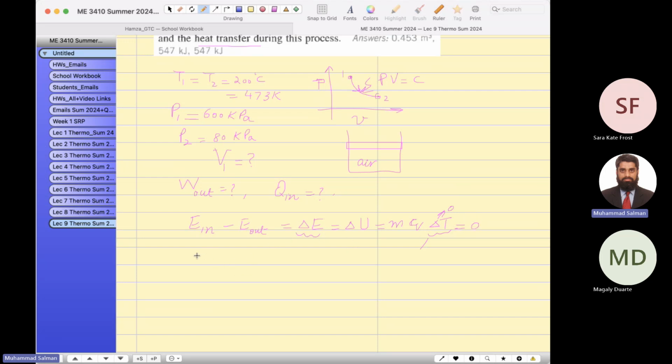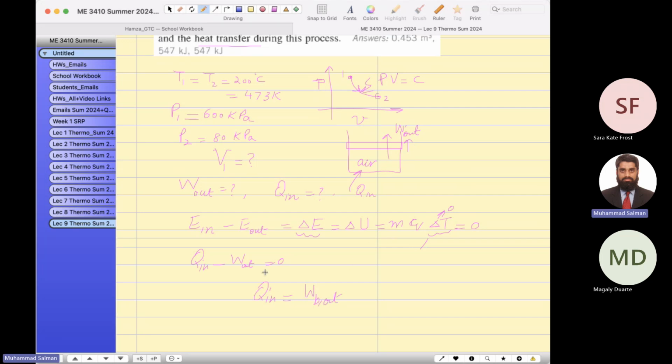If the right hand side is equal to 0, then Q in minus W out, the boundary work, equals 0. So whatever Q in goes inside the system, the heat being supplied, is used to lift the piston upward. The boundary of this piston moves upward.